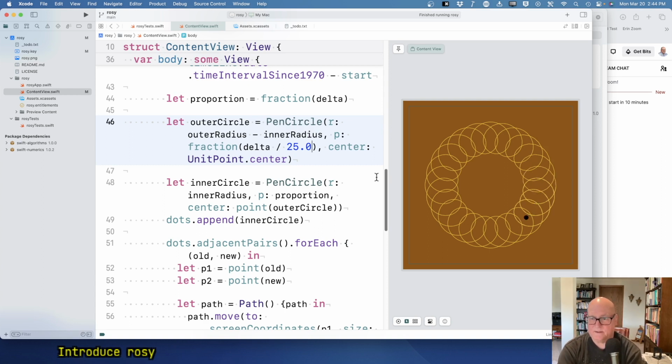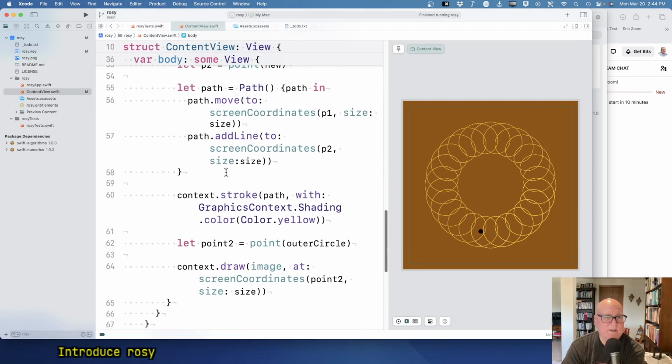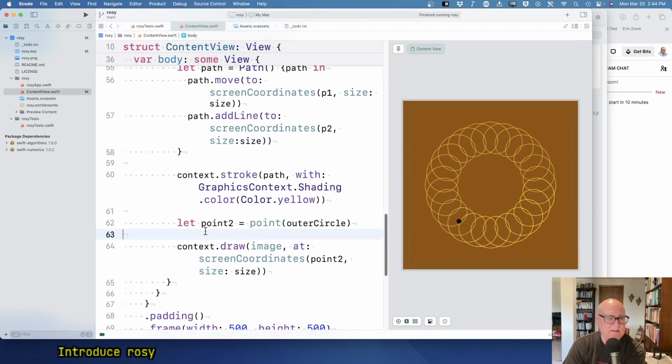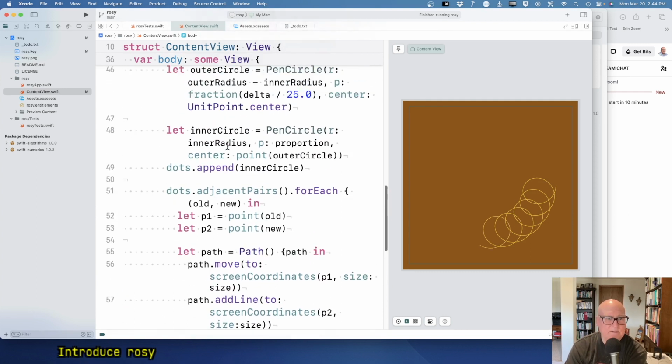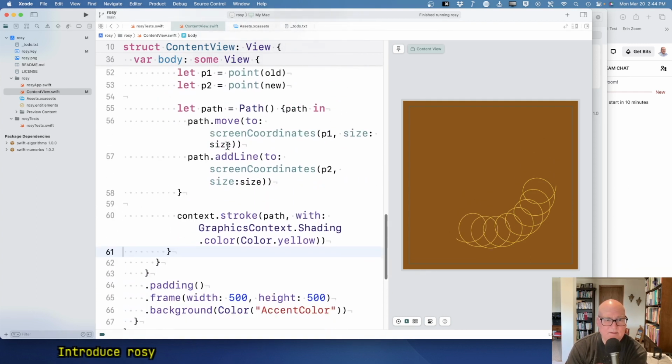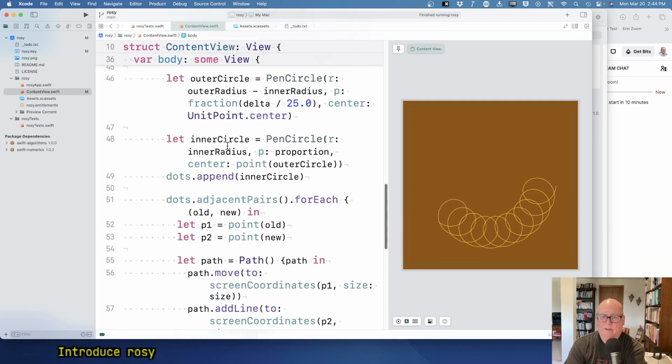All right. Now I'm going to take that point off. We're not going to draw the dot anymore, and just do the spirals. Okay. Cool. All right.